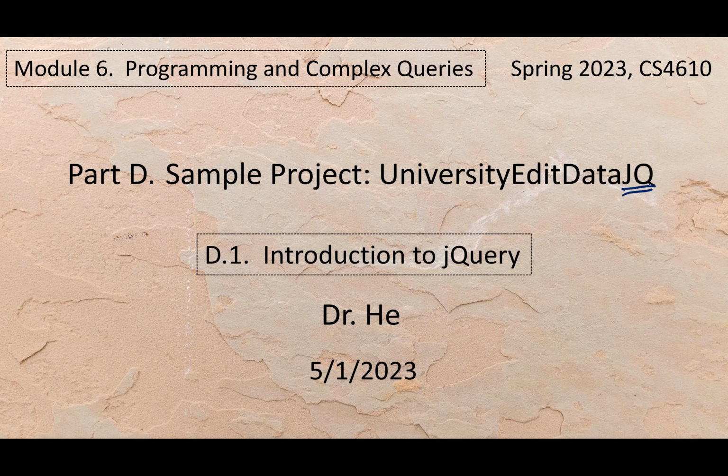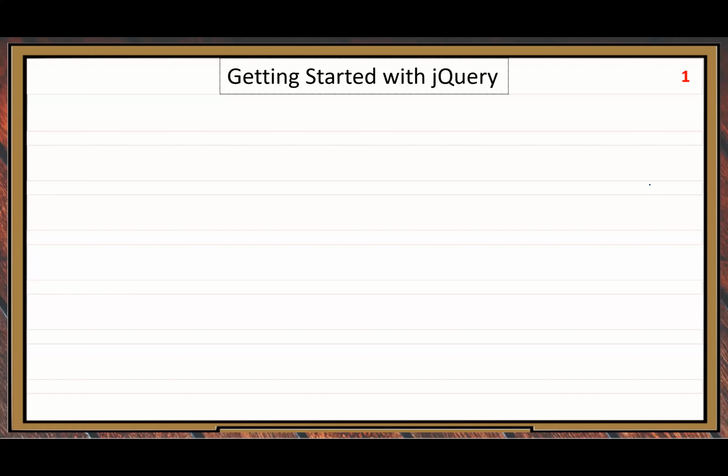But first, I like to talk about a simple, brief introduction to jQuery. All right. Getting started. When we start, first we need to know why we need to use jQuery.